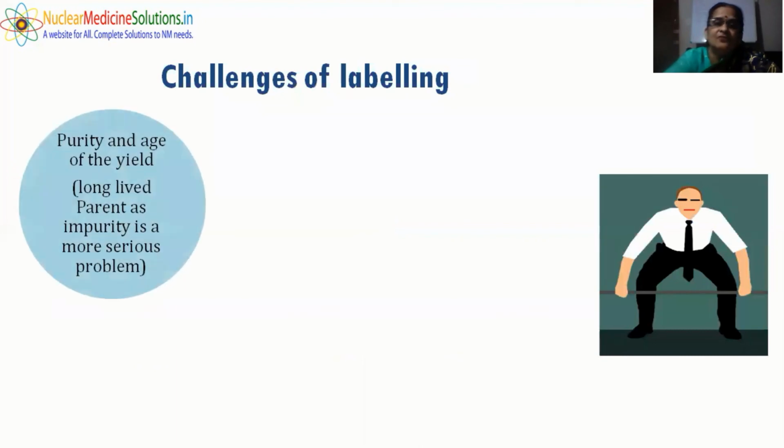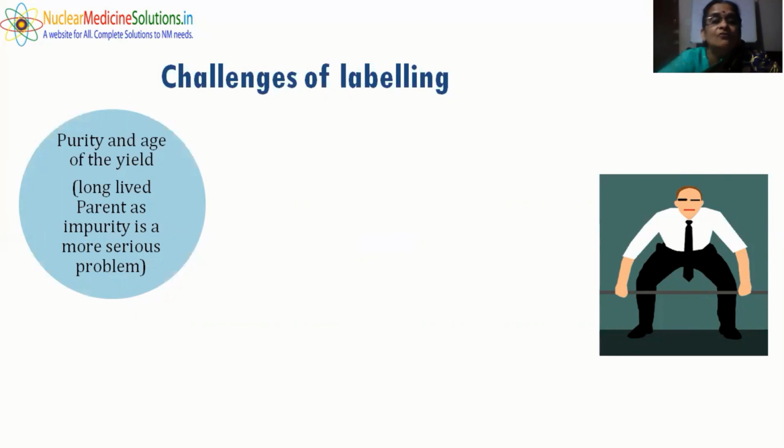Now, challenges of labeling. What really makes gallium radiopharmacy challenging? You need a pure radioactive yield without any metallic impurities. It has to be freshly prepared, and the parent should not get into the yield, and that becomes a really serious problem. You cannot inject a high radionuclidic impurity inside the patient, because this is a long-lived parent.